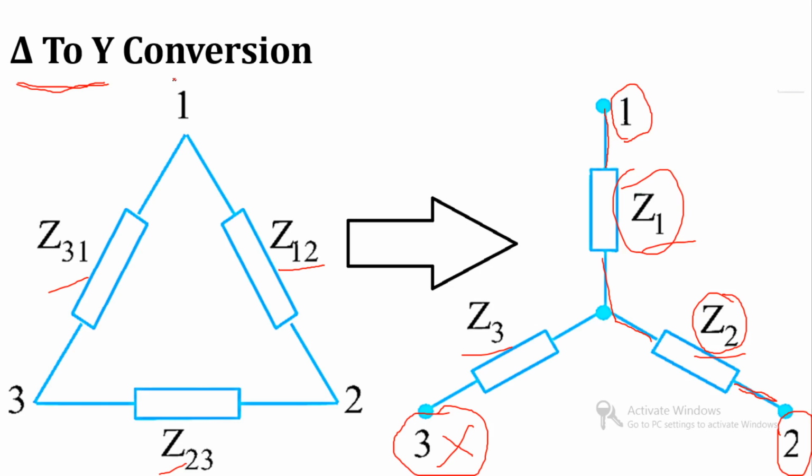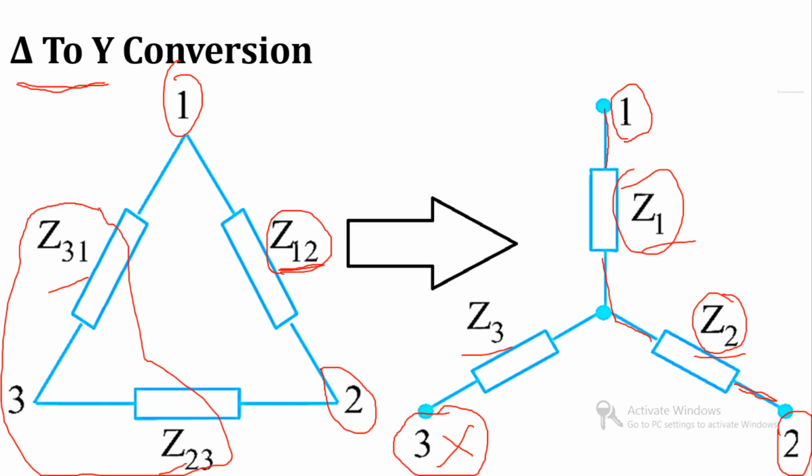Now consider terminals 1 and 2 for the delta connected load. Then Z12 is in parallel with Z23 plus Z31, because these two are in series.